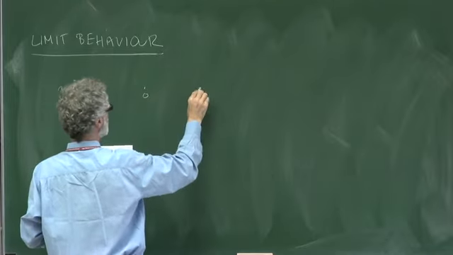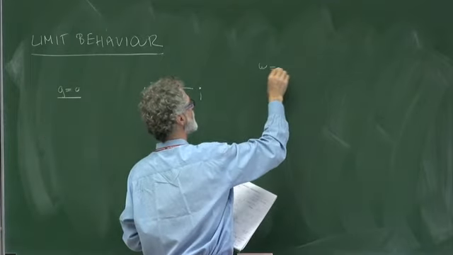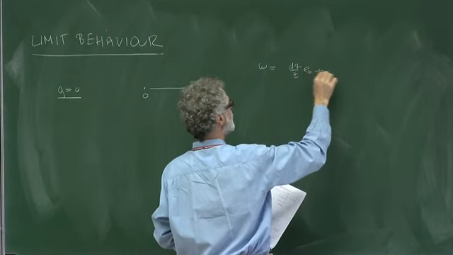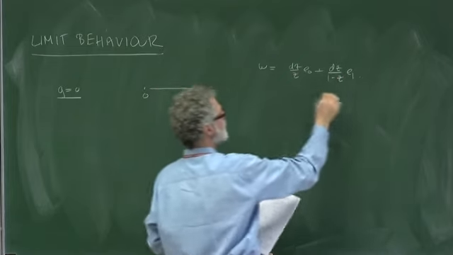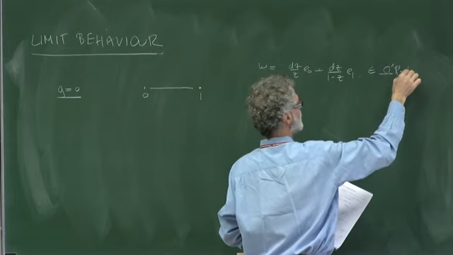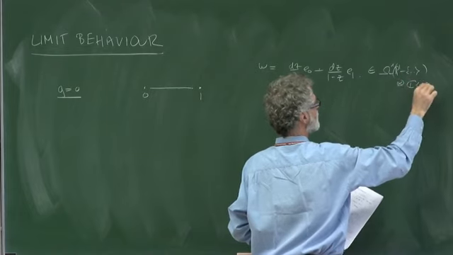You've got 0 here, 1 here, and you know that if you take omega to be dz over z times E0 plus dz over 1 minus z times E1, which you think of as taking values in omega 1 of P1 minus these points, tensored with this algebra on these two generators.